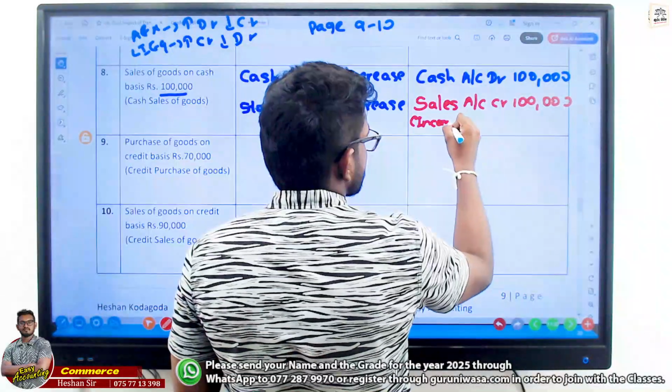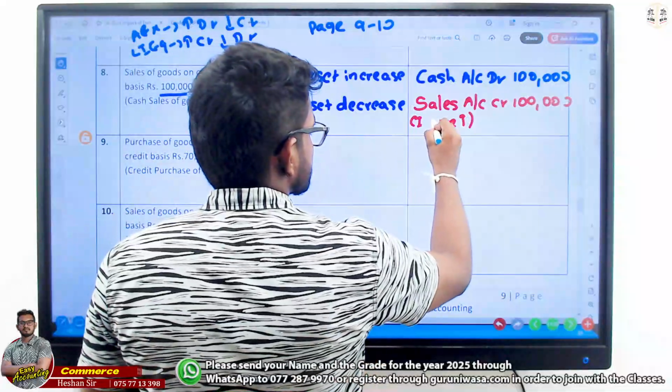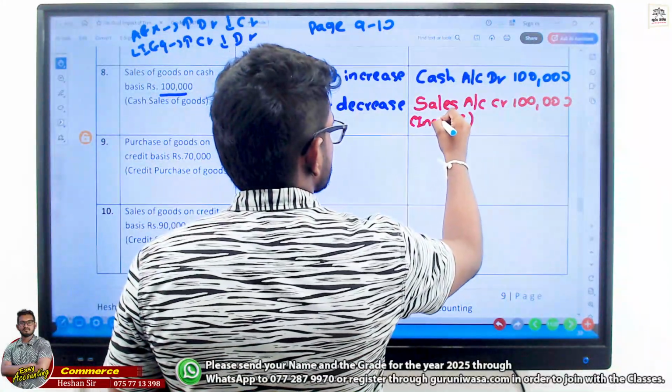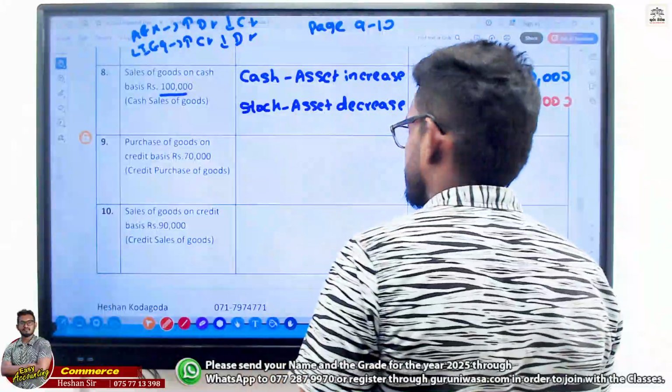We concern it as income increase in the double entry. Income increase. Right? All good?